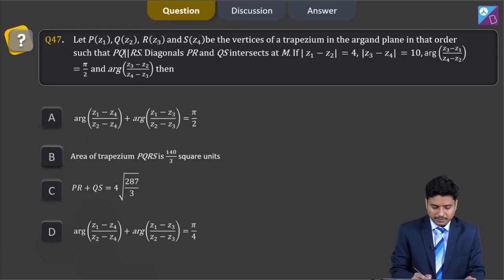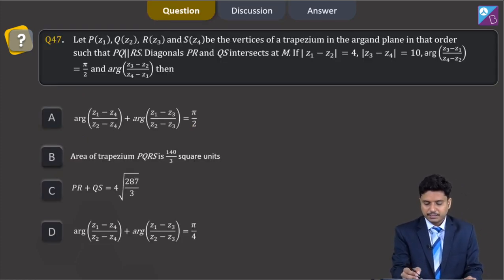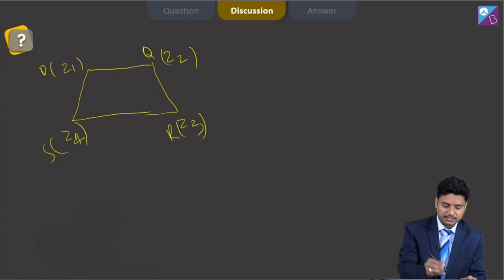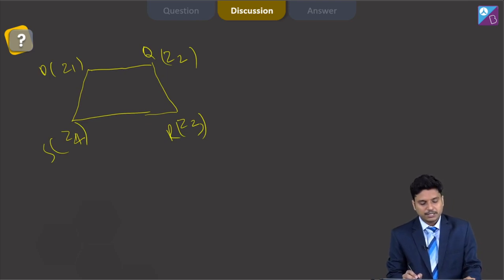Now what is given about the lengths? Mod of Z1 minus Z2 is 4 and Z3 minus Z4 is given as 10. So this is your P, this is your Q, this is R and this is S. These are the 4 points. So mod of Z1 minus Z2 is 4 and mod of Z4 minus Z3 is given to be 10. That means your PQ side is 4 and RS side is given to be 10.